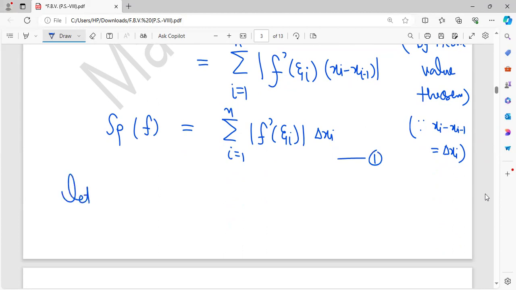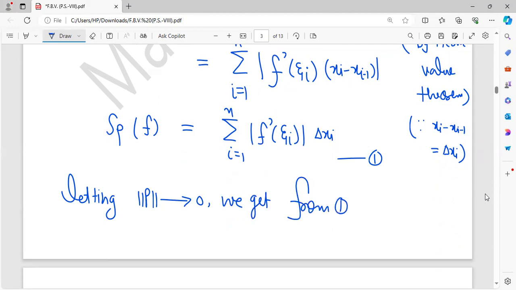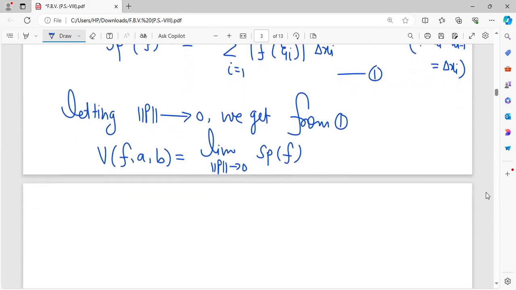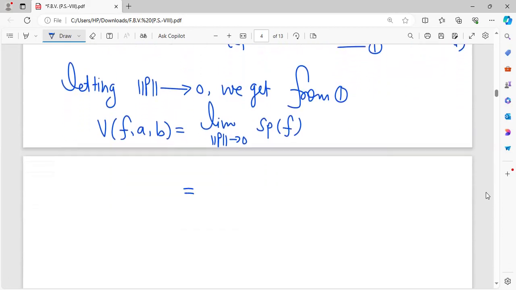Now letting the norm of P tend to 0, we get from equation 1: we know that the variation V_f[a, b] is equal to the limit as the norm of P tends to 0 of S_P(f), because the function is differentiable and of bounded variation.